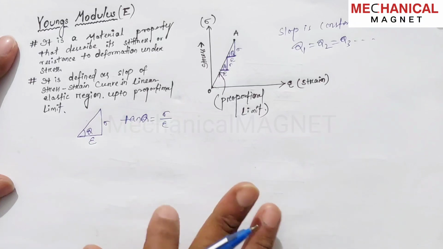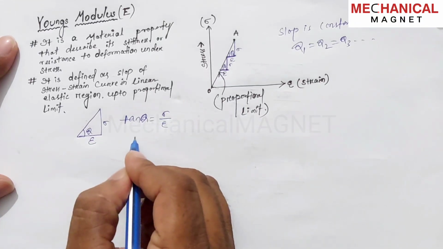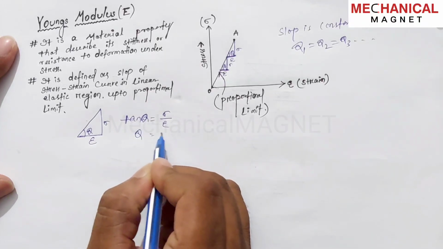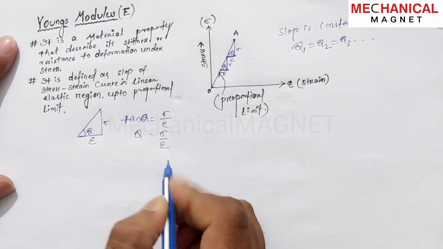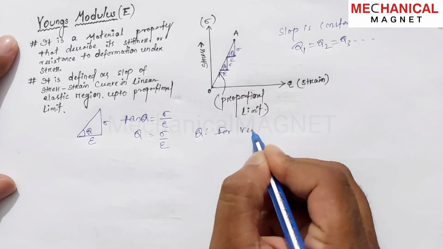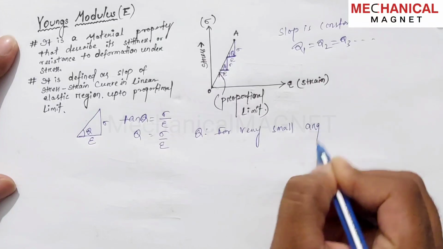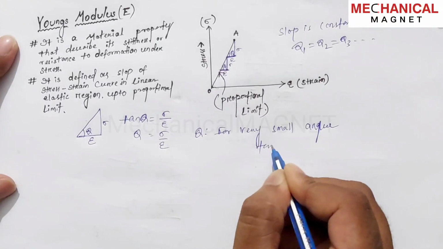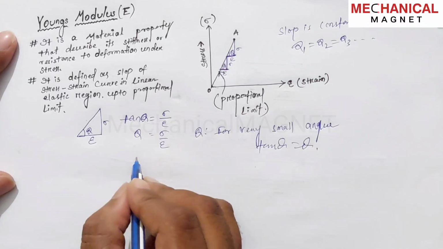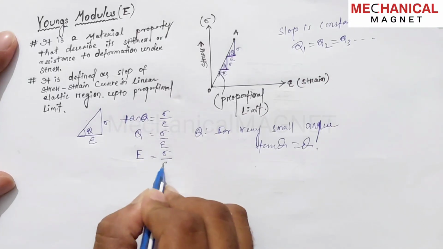So we know that for a very small angle tan theta is equal to theta, which is equal to sigma by epsilon. Theta is also equal to the Young's modulus E, which is equal to sigma by epsilon.